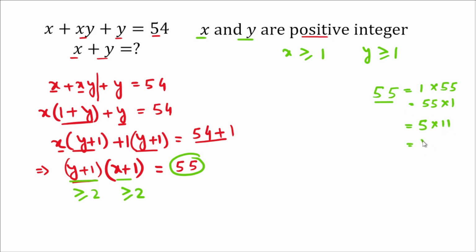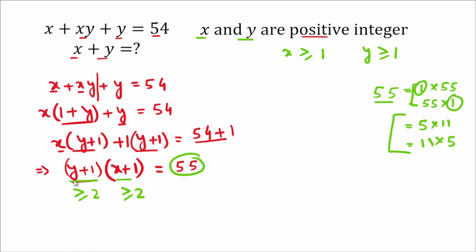Similarly, we can interchange 11 and 5. The x plus 1 and y plus 1 must be greater than or equal to 2, so we cannot take the factors 1 into 55 and 55 into 1. So we are left with two factors, that is 5 and 11.